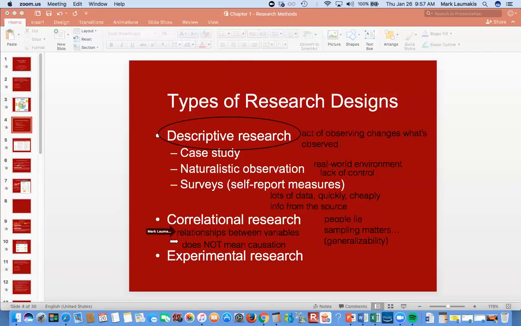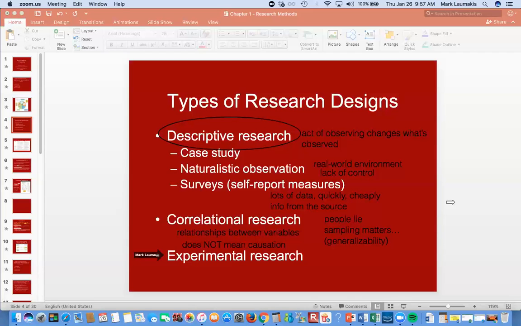What I want you guys to understand here is that we still do correlational research designs even though they don't illuminate anything about causation, because sometimes we're interested in things that can't be looked at in an experimental research design. What would be an example of this?